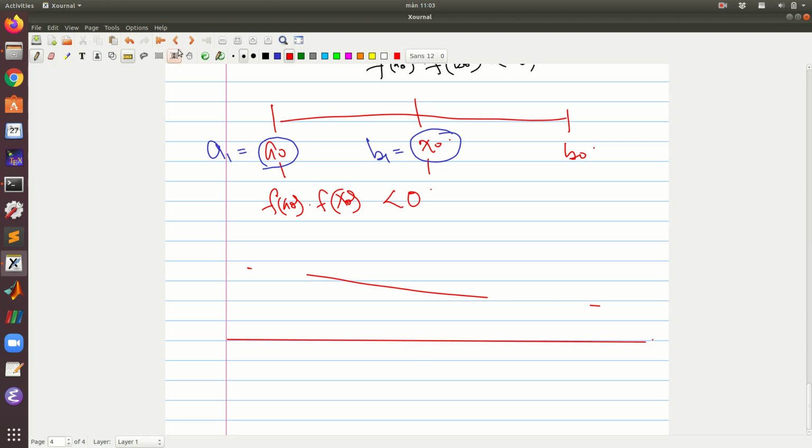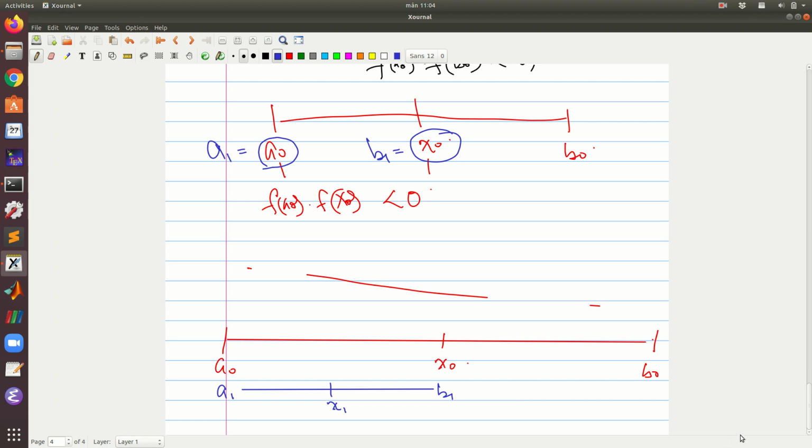Okay, so initially we had a naught, b naught, and then we found out x naught. Then we had this as a1, and then we had this as b1. Okay, and we calculated x1.